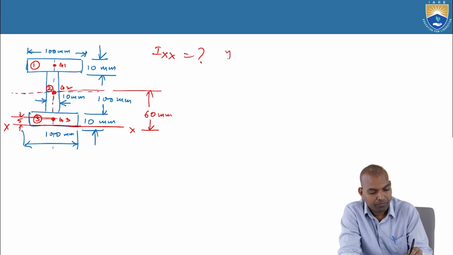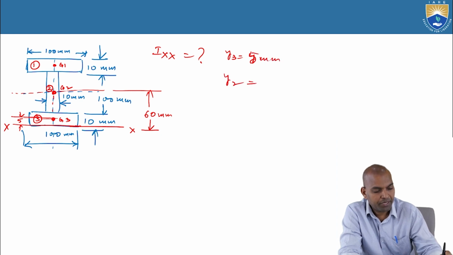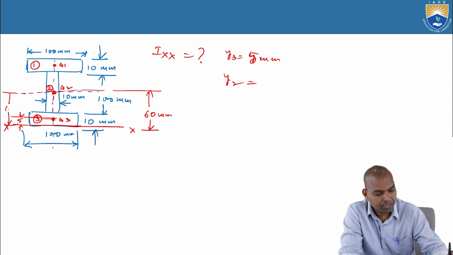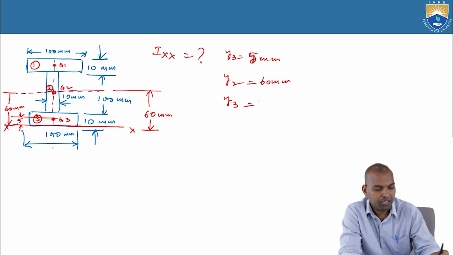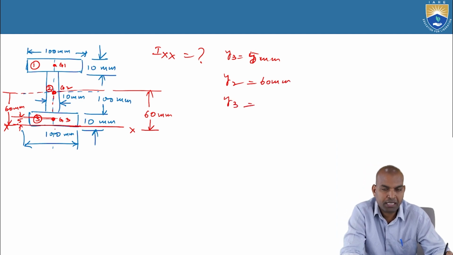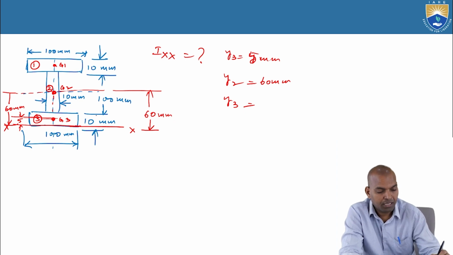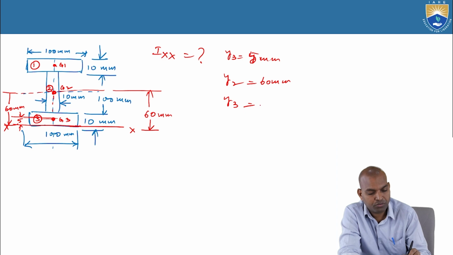So y3 equals 5 millimeters. y2 is the distance from here, 10 plus 50, that is 60 millimeters. What about y1? The distance of g1 to the reference axis XX is 10 plus 100, 110, plus 5, that is 115 millimeters.